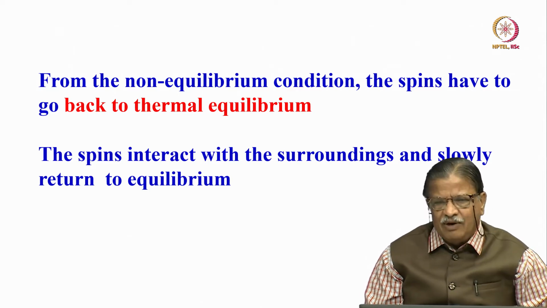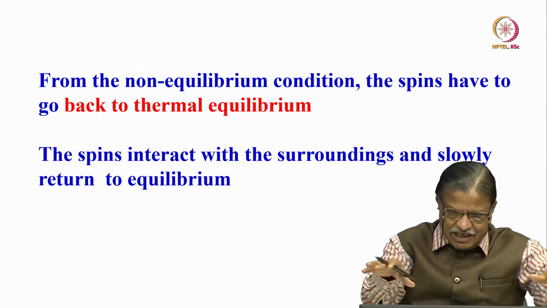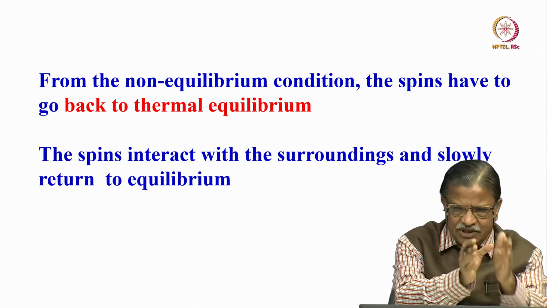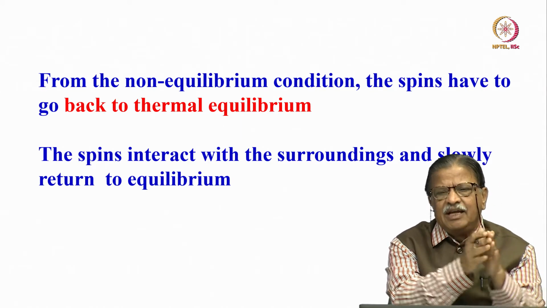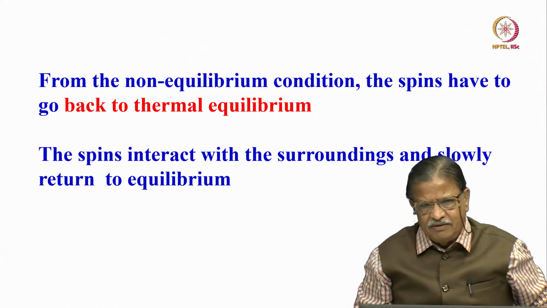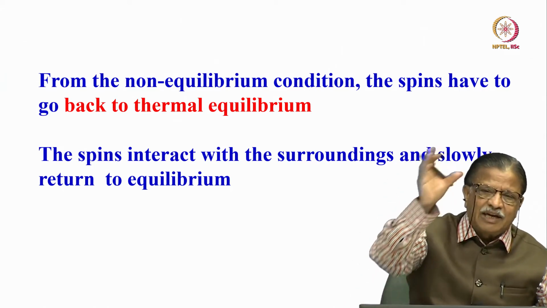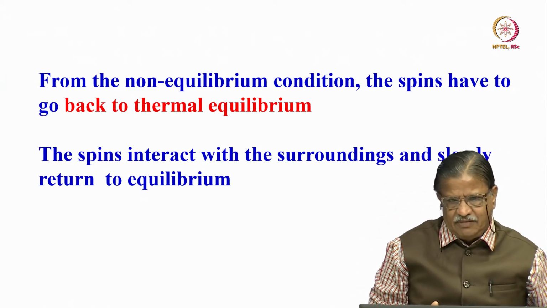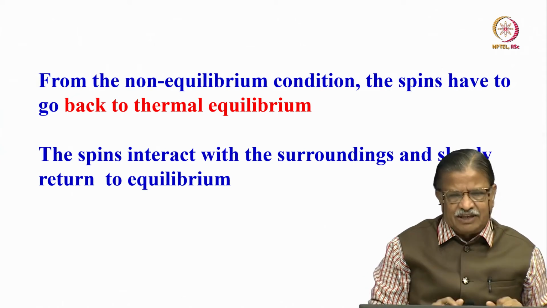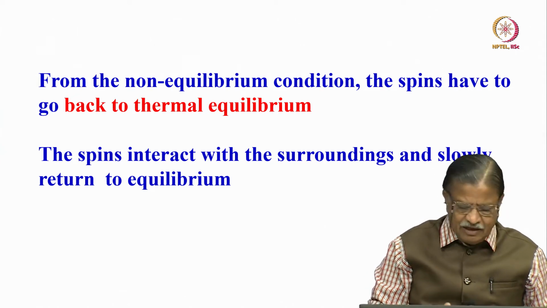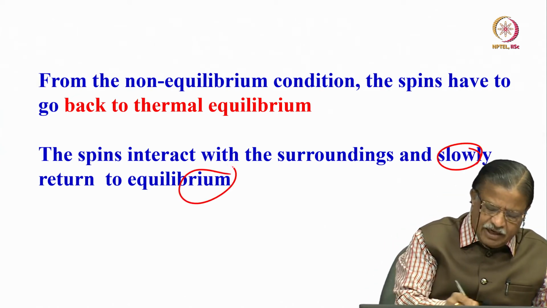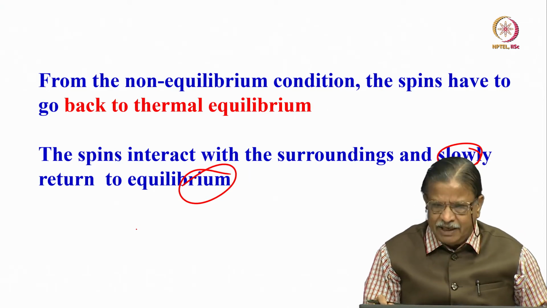The magnetization which was disturbed from the equilibrium condition will go back to thermal equilibrium. Okay, the spins again interact with the surroundings and then slowly they return to equilibrium condition.